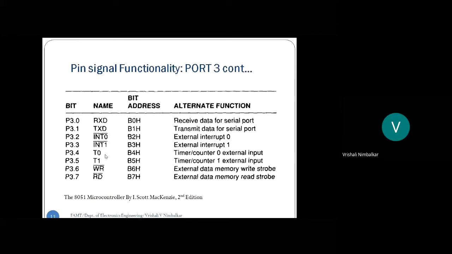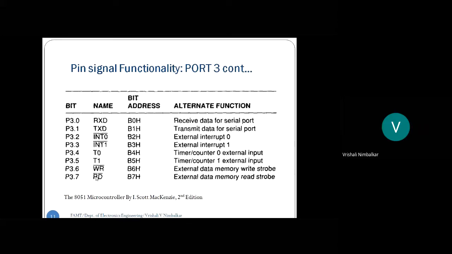Okay. Now this T0, T1, I said whenever we use it as a counter, some external event is being counted. So that external event signal should be connected to T0, T1. That is pin number 3.4 and pin number 3.5. So whatever arrives on these two pins will be counted. Fine. And the last two pins, 3.6, 3.7, are the read-write control signals.